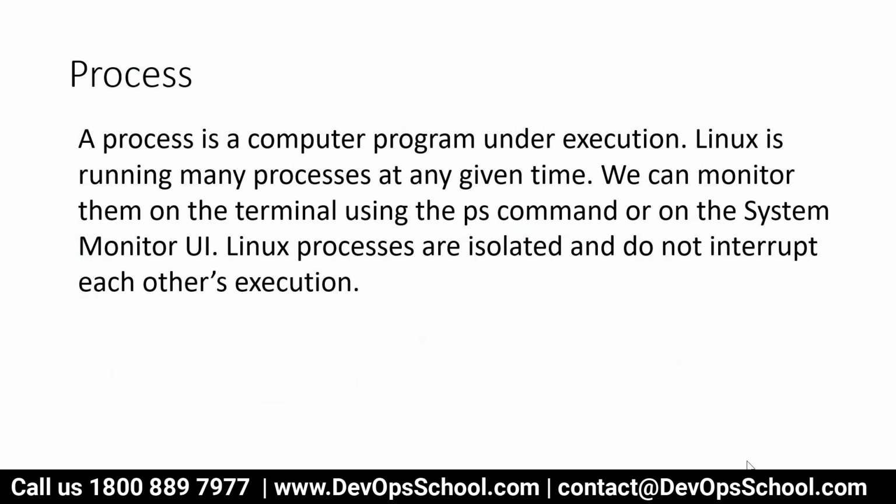Linux is running many processes at any given time. In Windows also same thing. We can monitor them on the terminal using the ps command. I just now showed you, or the system monitoring UI. The UI also I showed you for Windows and Linux. Linux processes are isolated and do not interrupt each other's execution. What is the meaning of it?